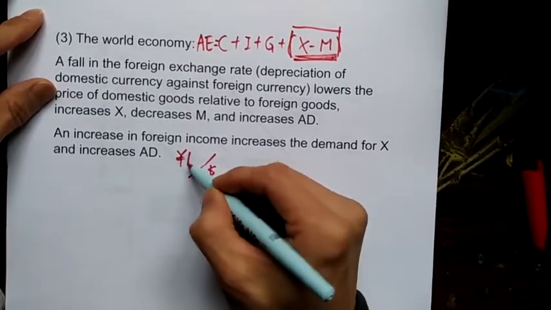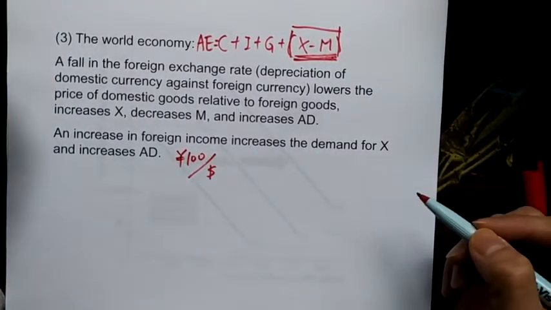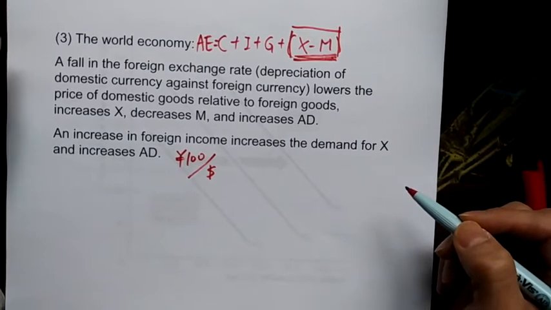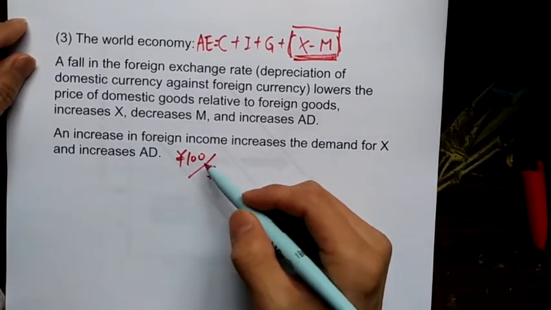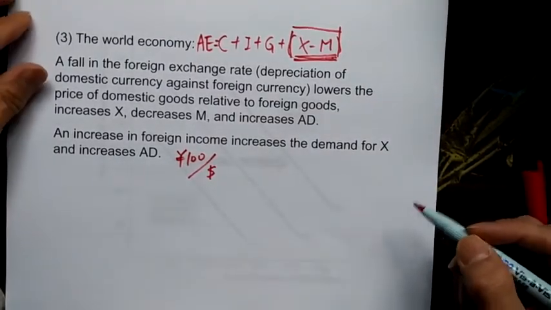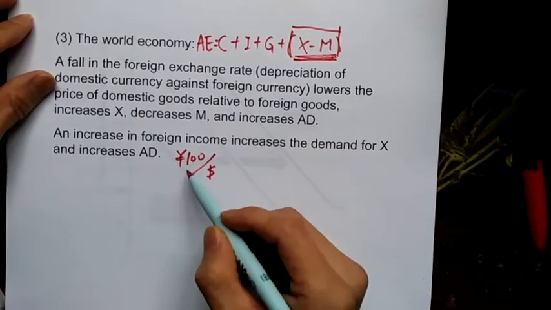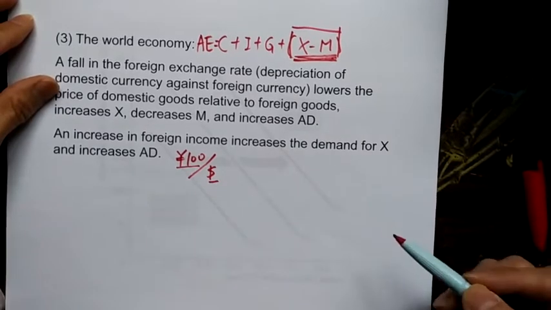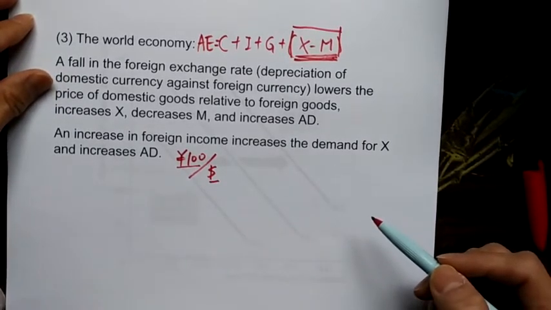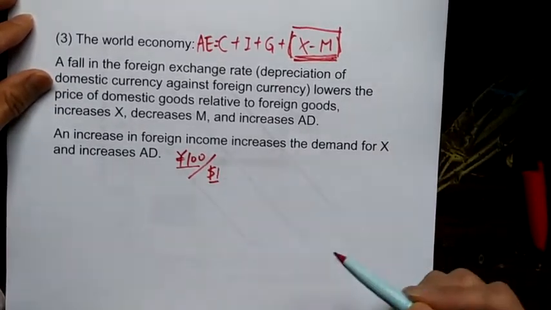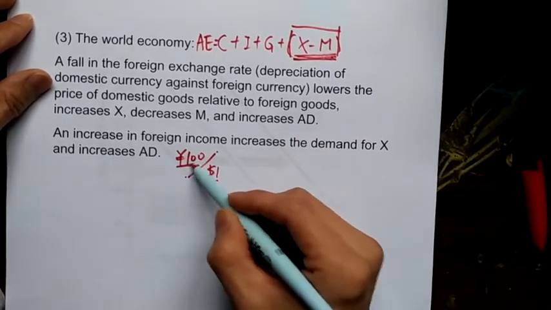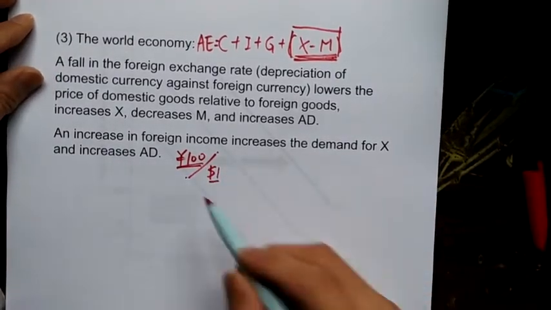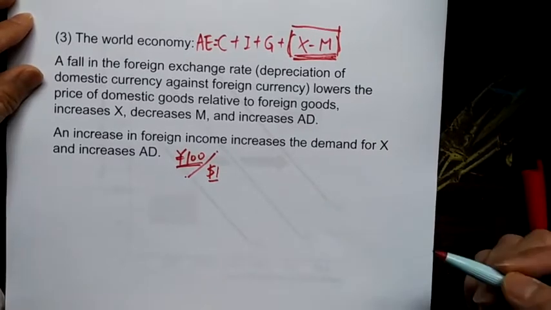Say the exchange rate is 100 yen per dollar. That means Japanese can use 100 yen to buy 1 US dollar from us, or we can use 1 US dollar to buy 100 Japanese yen. That is what the exchange rate means.